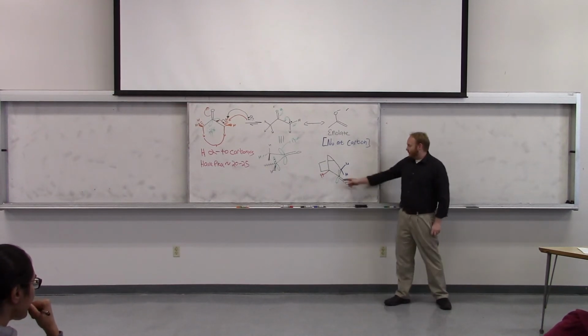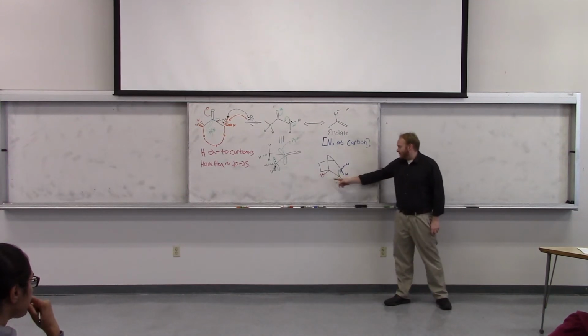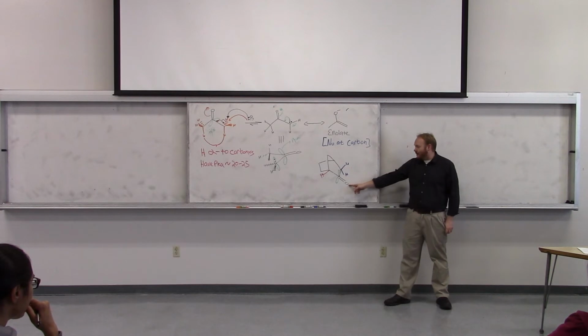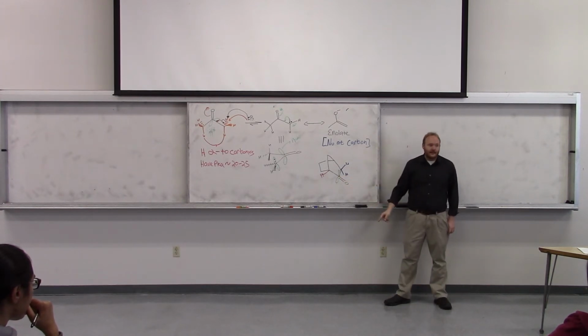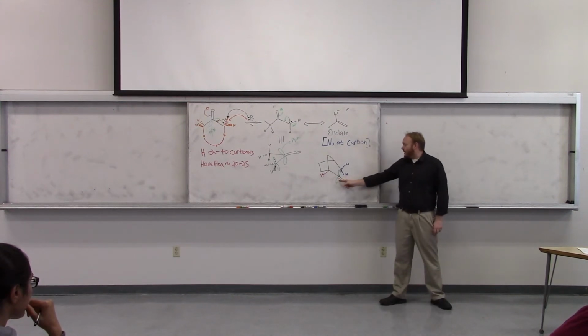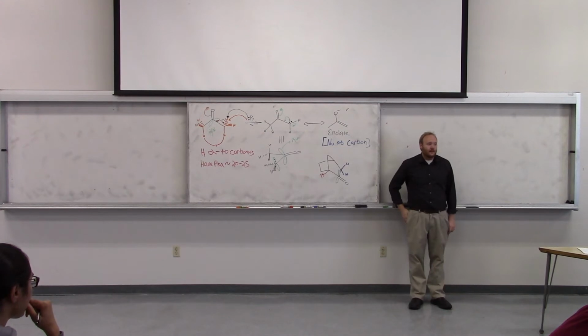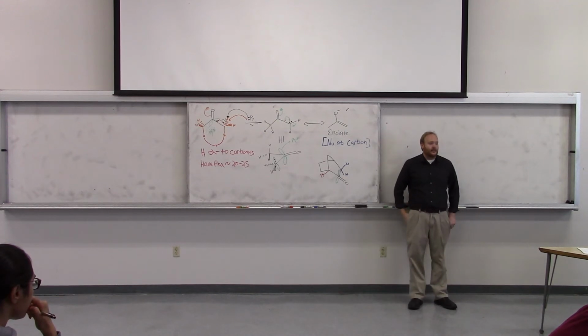So if the pi star orbital is bisecting this carbonyl bond, and this hydrogen is in the same plane as this carbonyl, that means this hydrogen is perpendicular to the pi star orbital. So knowing that the hydrogen is perpendicular to the pi star orbital, would you expect that hydrogen to be acidic or not acidic? Not acidic.